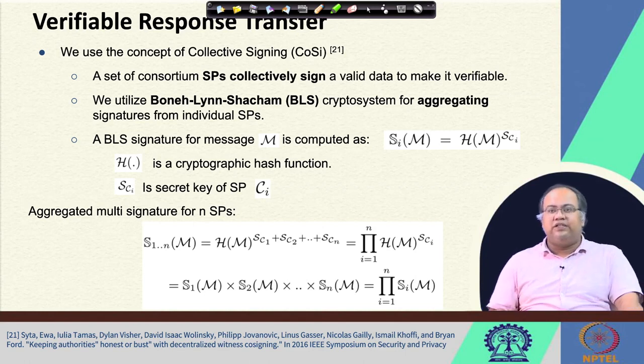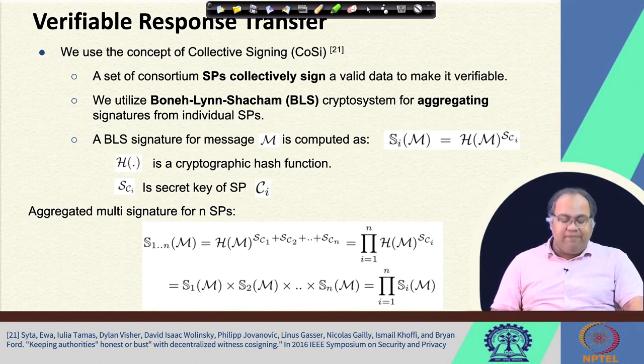Earlier, in the context of COSI, we have seen the Schnorr multi-signature. Here it is another form of multi-signature, the BLS multi-signature. I am not going into the mathematical details behind the BLS signature technique. If you are interested, you can just Google it, and there are many materials on the BLS crypto system. Just like the Schnorr multi-signature we studied earlier, it helps us design a multi-signature scheme.